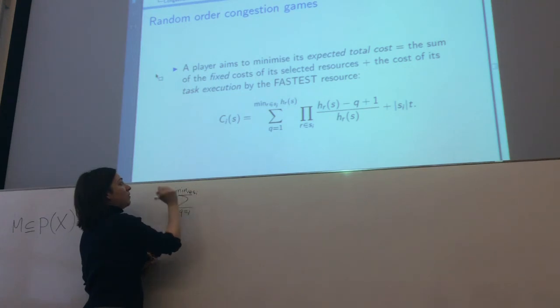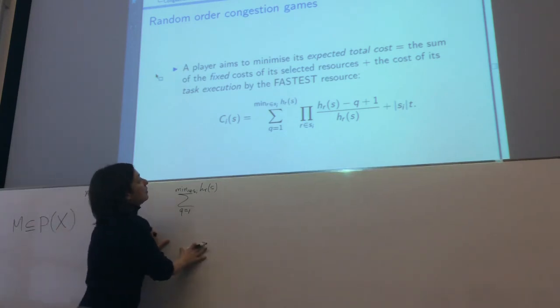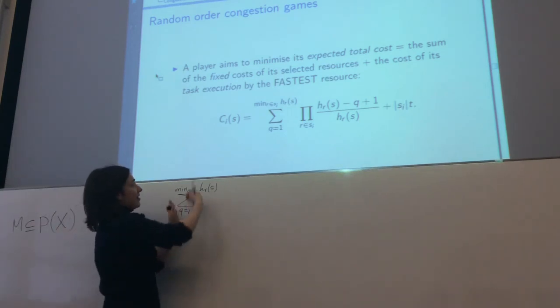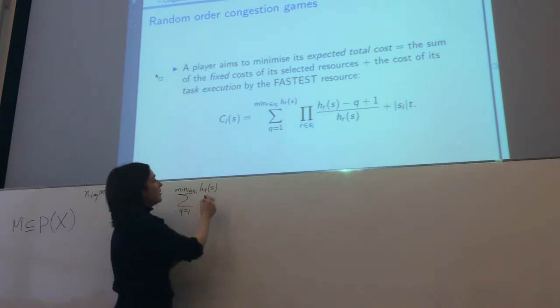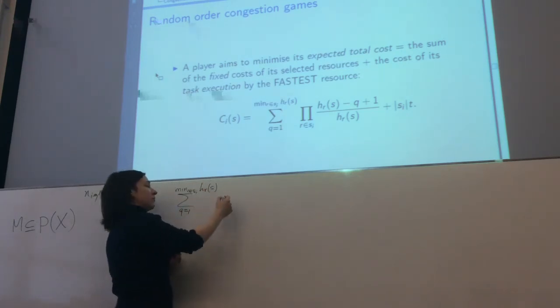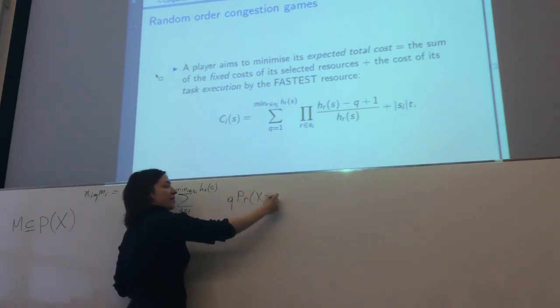So in all your resources, you take the one where congestion is minimal, that would be the fastest machine. Well, at least the value where you are the fastest will not be larger than that. And now the expectation is: take the value, multiply by the probability of getting that value, right?